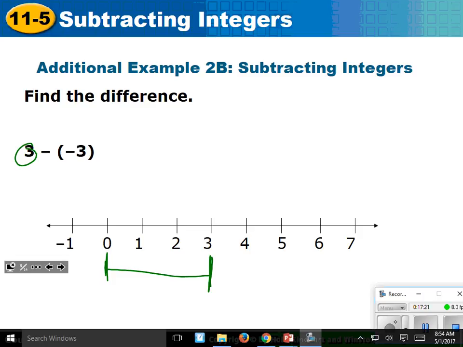And then we subtract a negative, which according to the rules we have means we're going to move to the right. So you move to the right 3 more. 1, 2, 3. There's my answer right there. So the answer to this is 6. Okay? Follow the rules.